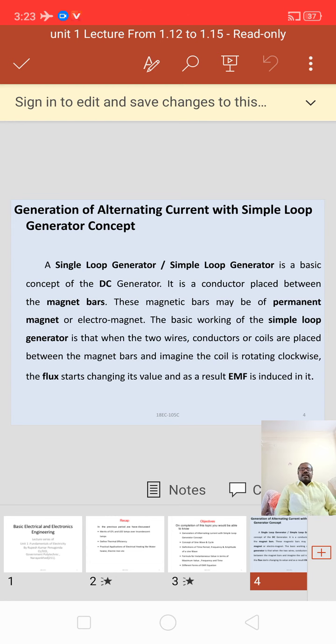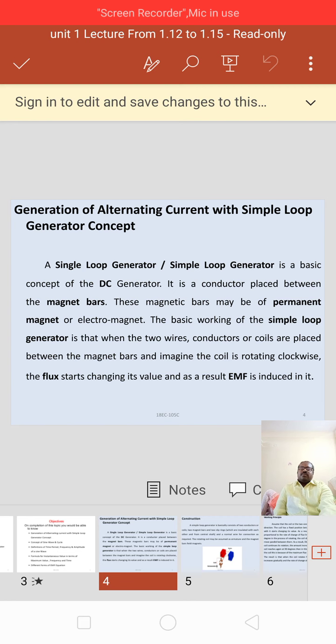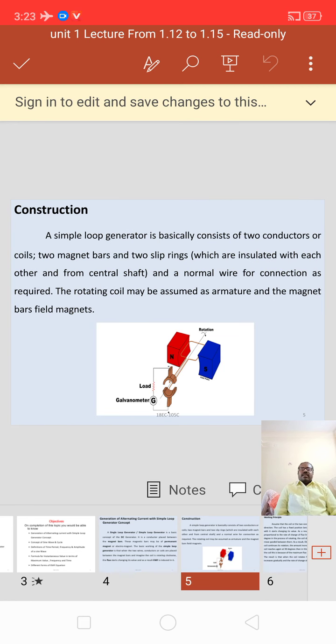This is the general concept of simple loop generator, and a figure depicting the construction as well as operation of simple loop generator is shown in this slide.